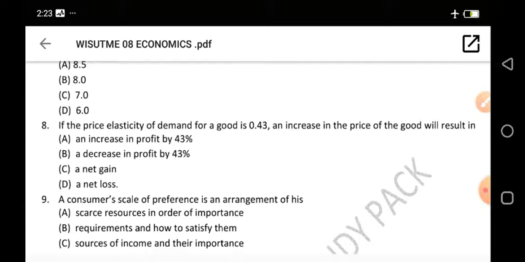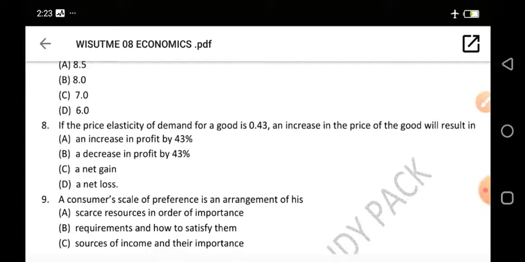If the price elasticity of demand of a good is 0.43, an increase in the price of the good will result in what? Remember, price elasticity of demand shows the responsiveness of demand to changes in price.